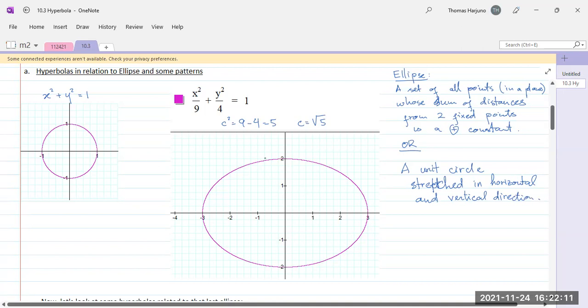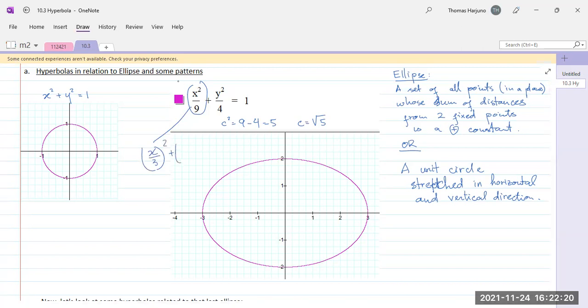So this ellipse here can be seen as (x/3) squared plus (y/2) squared.